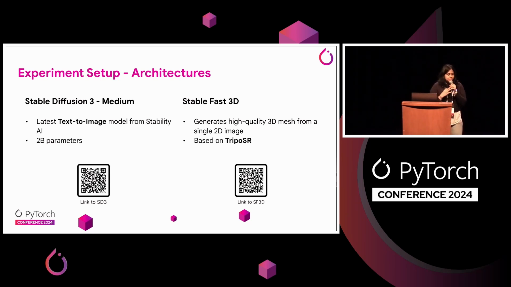We use the medium size, which has about 2 billion parameters. As for Stable Fast 3D, it's a model that converts 2D images to high-quality 3D meshes. It's based on TripoSR, which is very famously known for this particular purpose. Those QR codes are there for you to scan to learn more about these models.